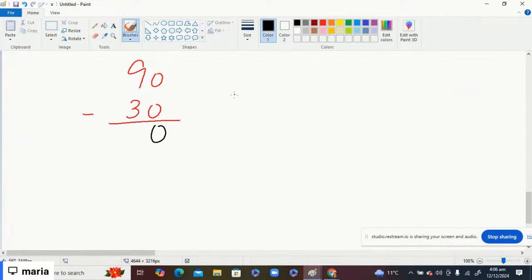Draw 9 lines. 1, 2, 3, 4, 5, 6, 7, 8, and 9. Remove 3 lines. 1, 2, and 3. These 3 lines are removed. Now you count and tell me how many lines are left. It's 1, 2, 3, 4, 5, and 6. So putting 6 here.